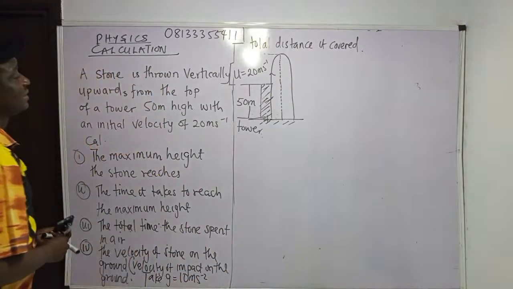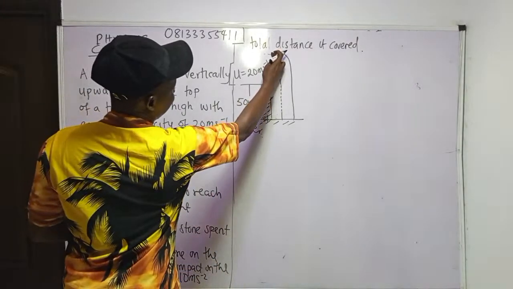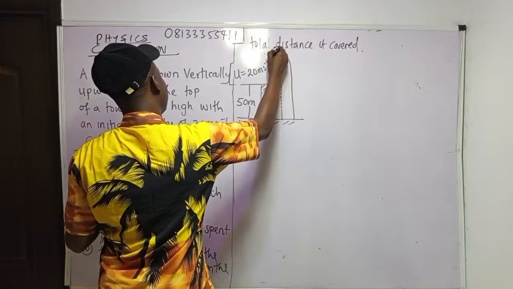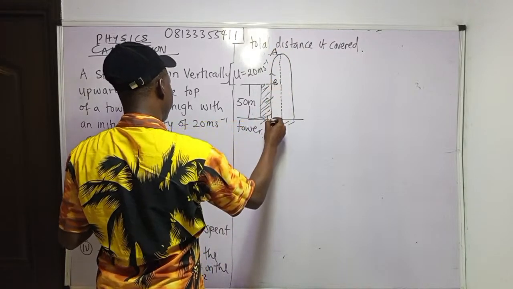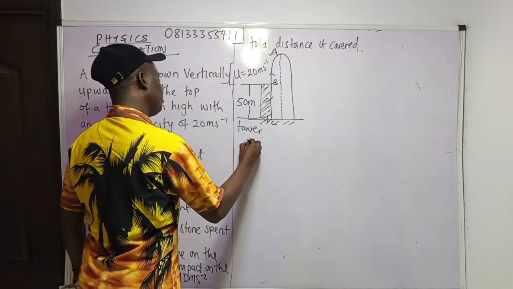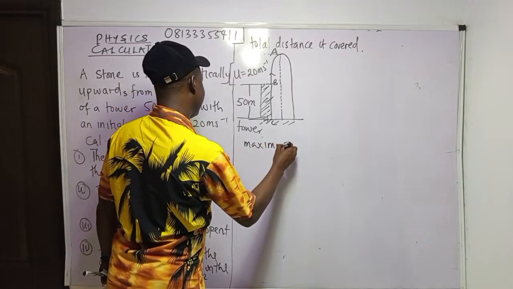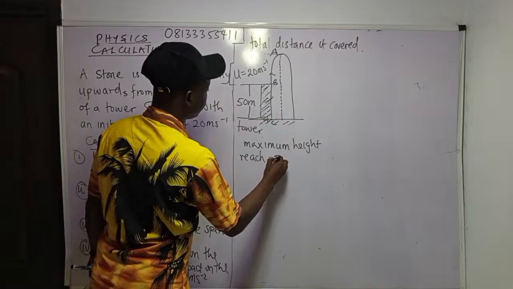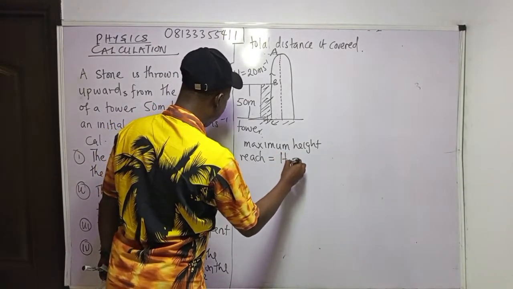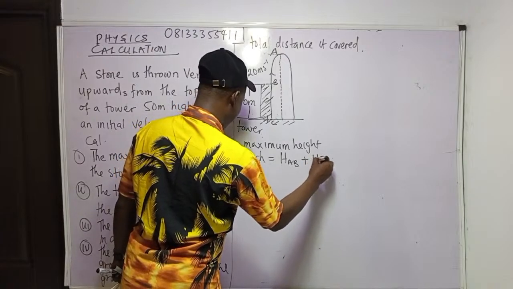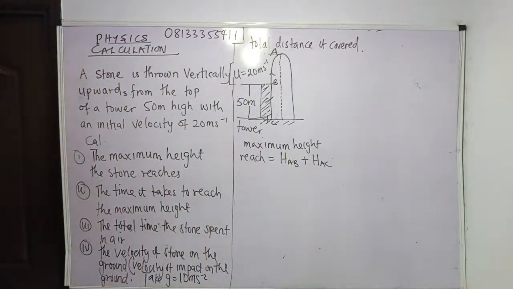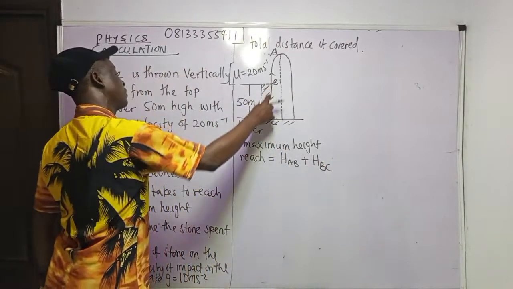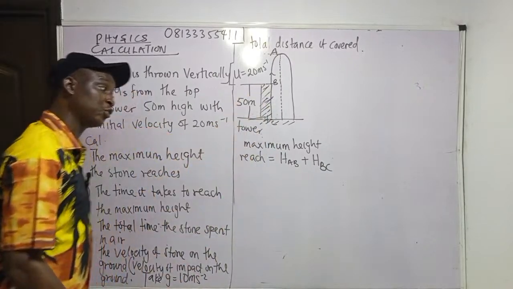Let me label it: A to B, and from B to C. So the maximum height reached equals height AB plus height BC. Don't forget BC is already given, which is the height of the tower. So we are looking for AB.